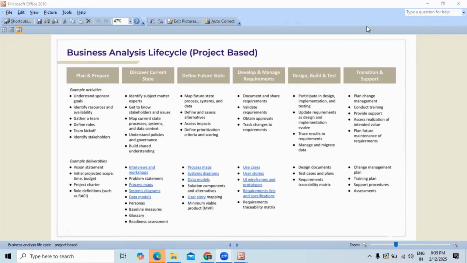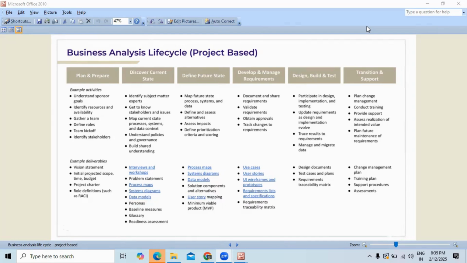Now, when it comes to product based, we are developing a product according to market requirements, market needs, and expectations. Once we develop the product, whoever wants it can buy it.